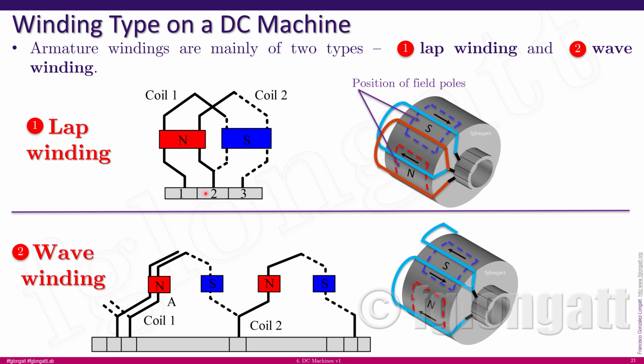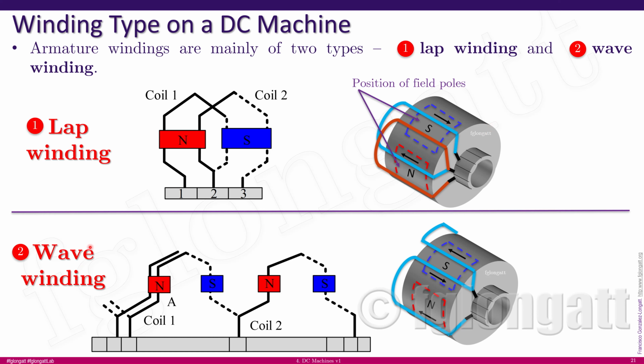In other words, this lap winding is also called parallel winding, because the coils are connected in parallel. So when we are working with low voltage DC machines, we use this lap winding if we are working with high currents. The lap winding can be found in low voltage DC machines where the application requires higher currents.